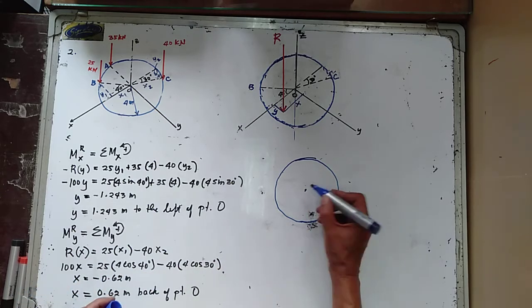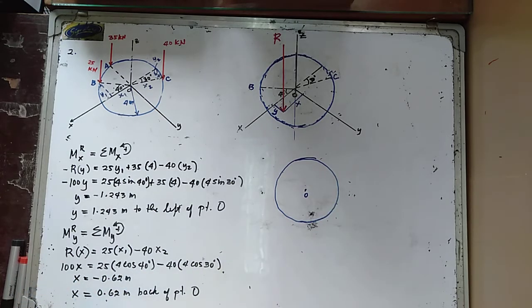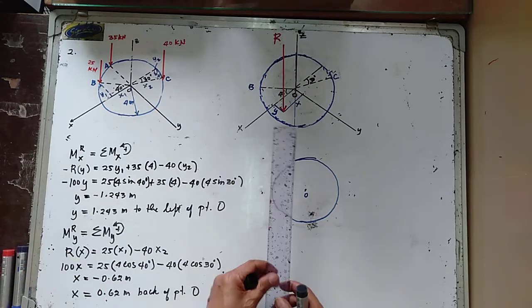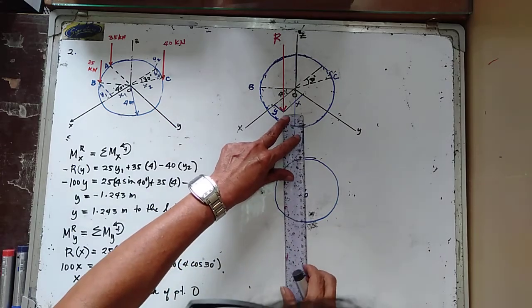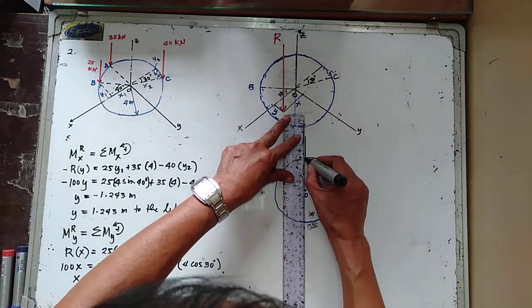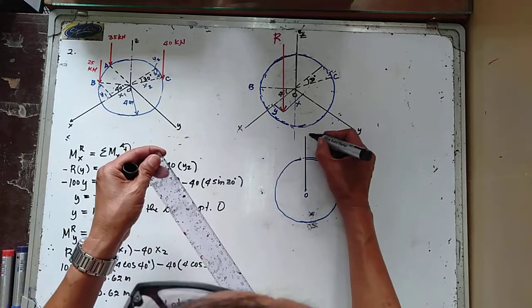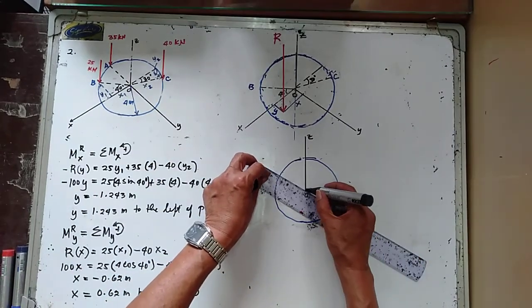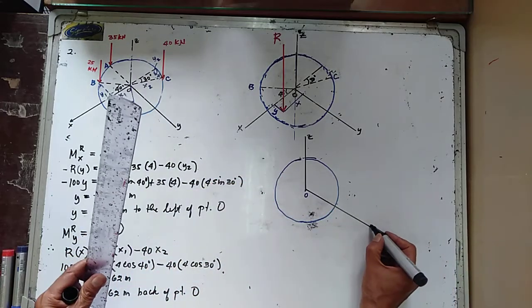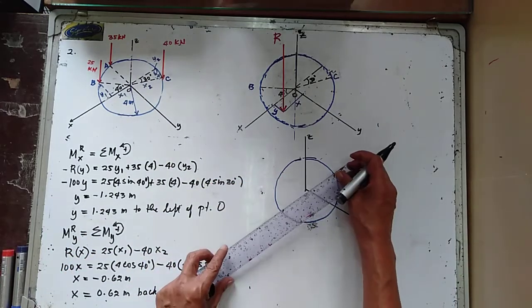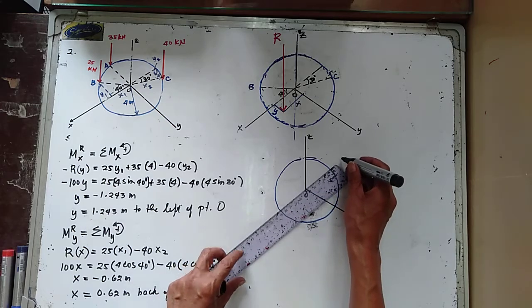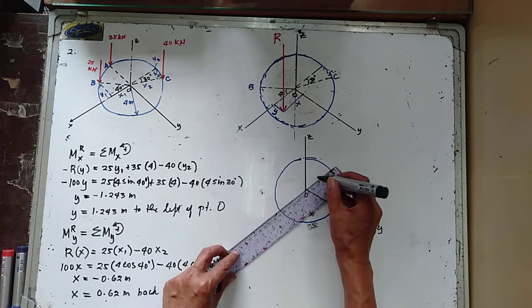This is your point O. So we have the z-axis at this point. We have the y-axis. And then we have the x-axis.